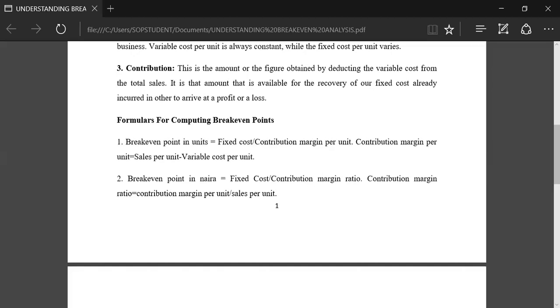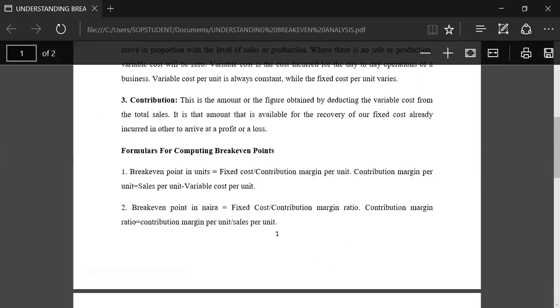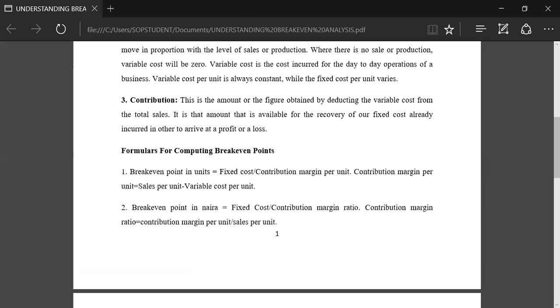And when we want to determine the break-even point in Naira, we do that by dividing fixed cost by the contribution margin ratio. And the contribution margin ratio is the same thing as the contribution margin per unit over the sales per unit.